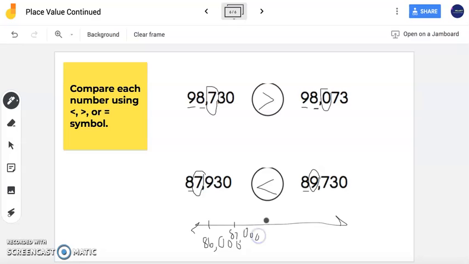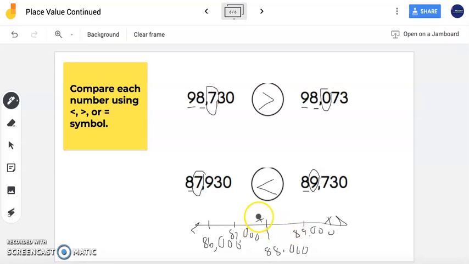Then I have 88,000, and then we have 89,000. And then I would have 90,000. Now notice here, 87,930 would probably be right about over here. But now 89,730 would be over here.